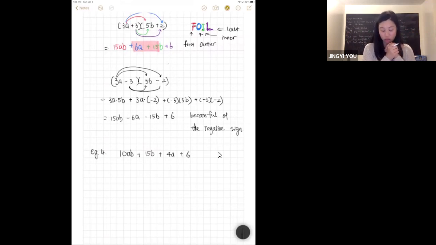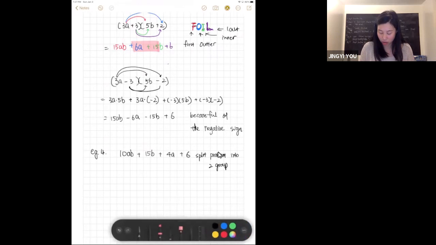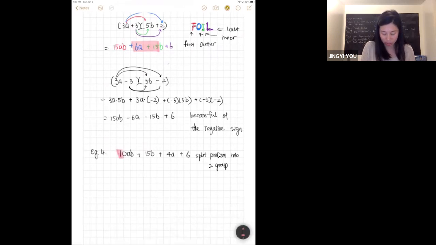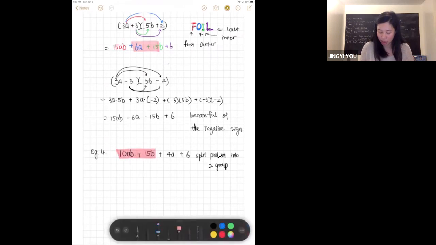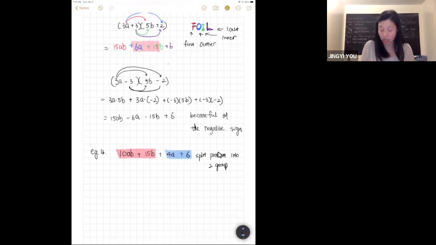So what we can do is separate the problem into 2 groups. That means we group the problem. The first 2 terms become one group, and the last 2 terms become another group.